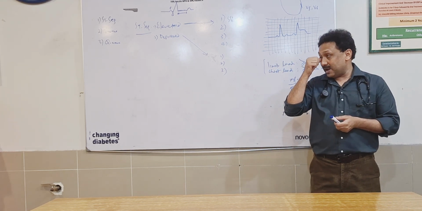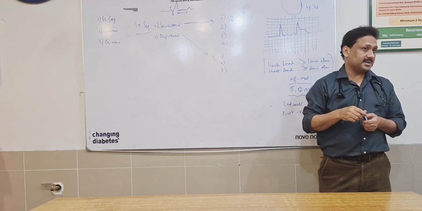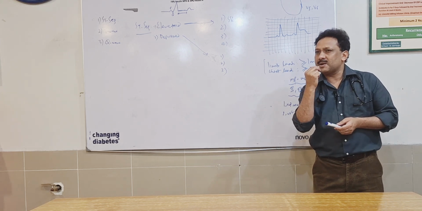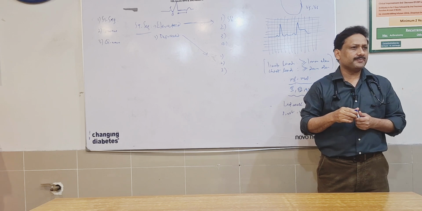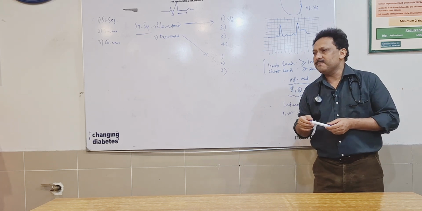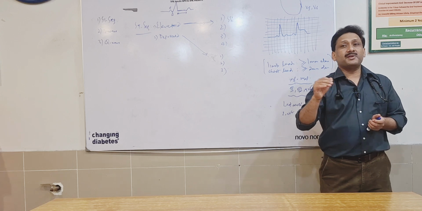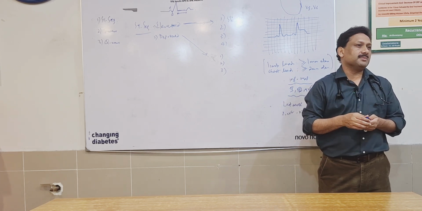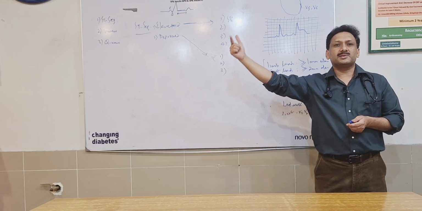Now that person claims that as he takes rest, he feels relief in his symptoms. Or he says that as he takes a sublingual nitroglycerin tablet, he feels significant relief in his symptoms. But a day comes when he tells us another story, that even after 30 minutes of rest, I'm not having relief in my symptoms. Now that has changed to acute coronary syndrome.